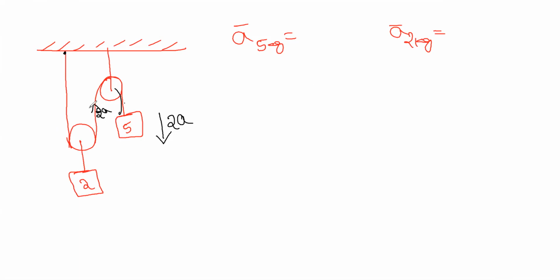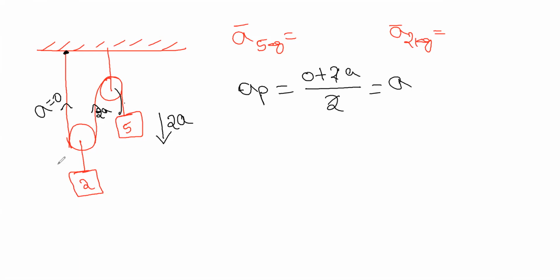Now this side, is this rope moving? It is attached to one point, so it is not moving. Acceleration is 0. Now if you take the average for these two, acceleration of the pulley equals 0 plus 2A, both are upwards, divided by 2. The 2 gets cancelled, and we get A.